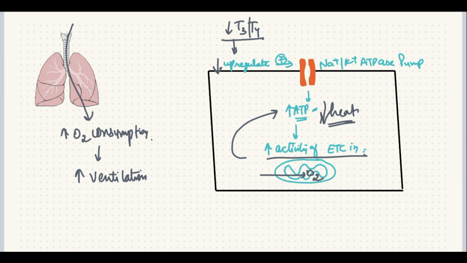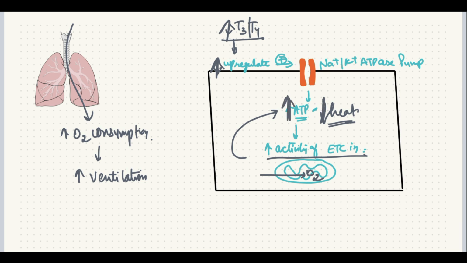On the other hand, with increased T3 and T4 levels in hyperthyroidism, there is upregulation of the sodium-potassium ATPase pump, and ultimately increased ATP and increased heat production. And that's why hyperthyroid patients are heat intolerant and hypothyroid patients are cold intolerant.